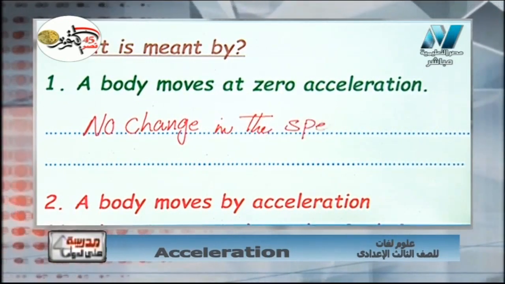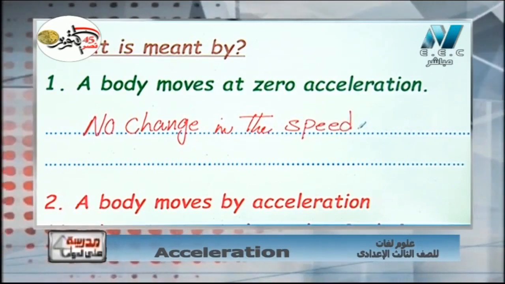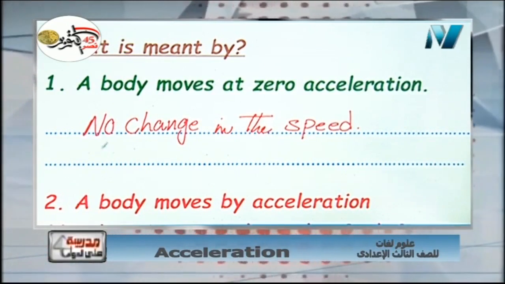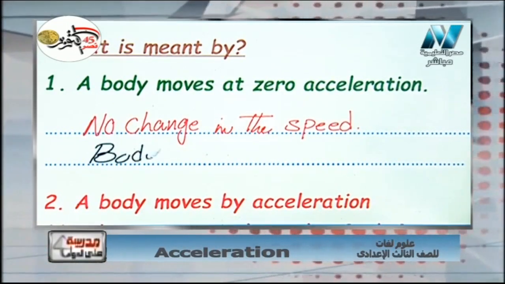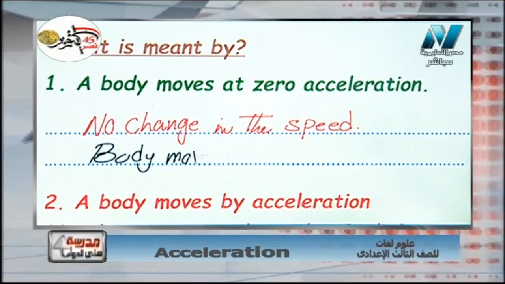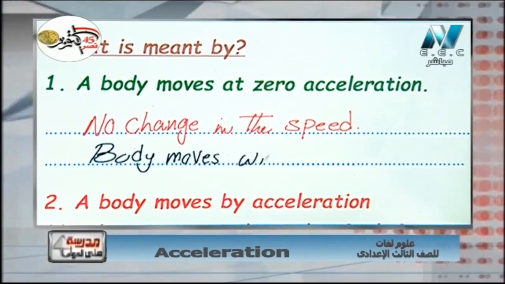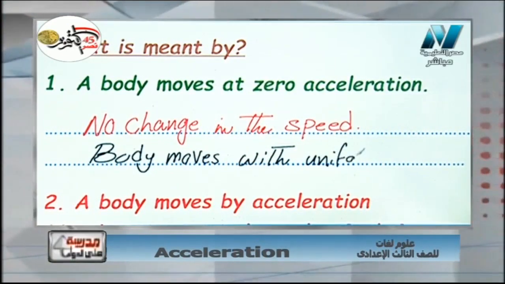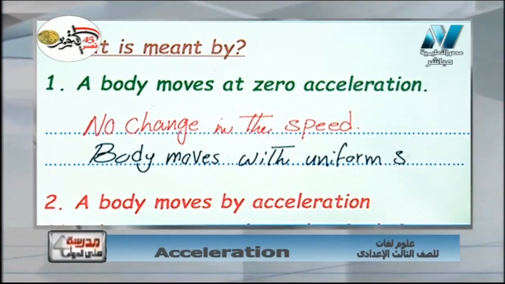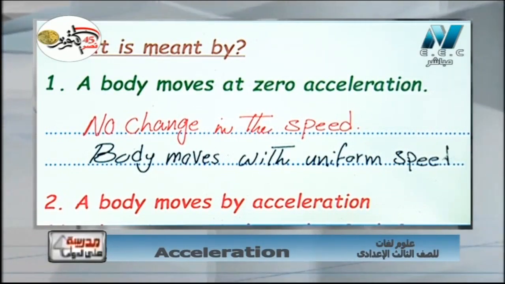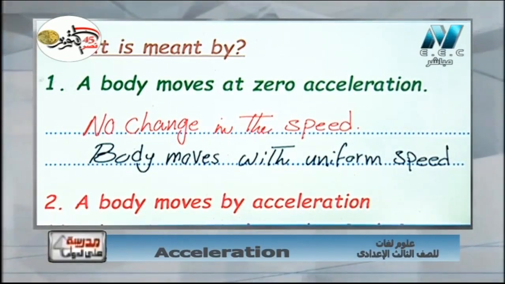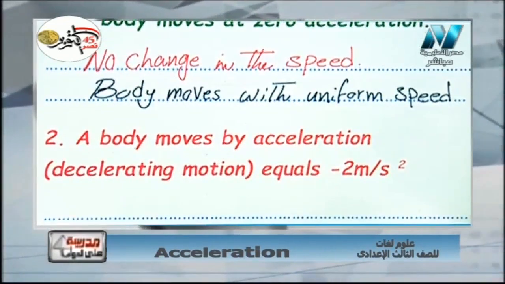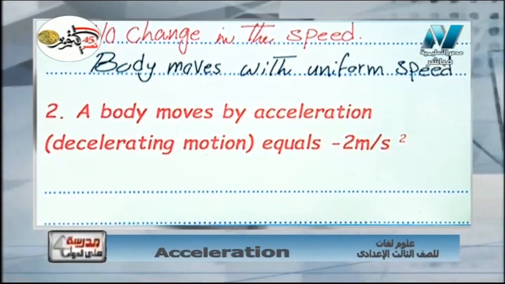We can also say it another way: the body moves with uniform or constant speed. The speed doesn't change. Uniform speed, like the speed of the moon around the earth. The speed of the moon around the earth is a uniform or constant speed. So here we have no change in the speed.